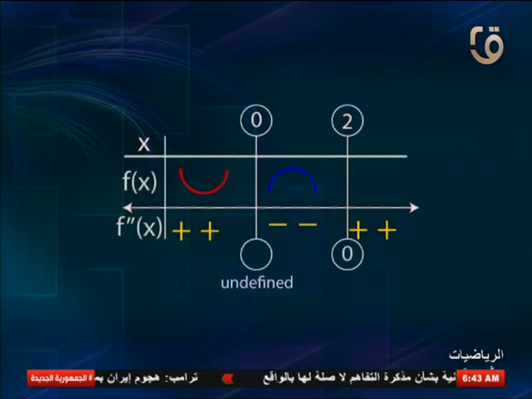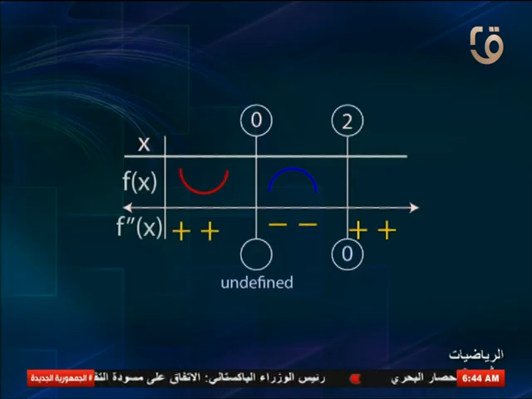My dear student, at the first we find f dash, after that we find f double dash. We put f double dash equal 0, x in this case 0, f double dash undefined, 2, f double dash 0. How many intervals? 3 intervals.